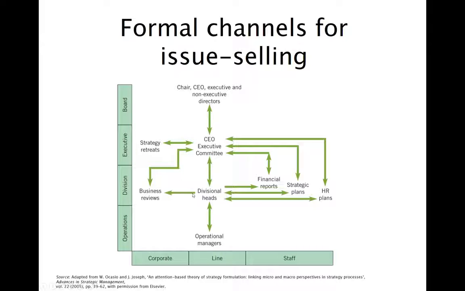Then in the different divisions, it's likely that there are different strategies. Those strategies should be aligned with the corporate level strategy, and with the board level discussions. Within divisions, business units have their own strategies, which are divided into functional plans or strategies, let's say supply chain strategy, HR strategy or marketing strategies.